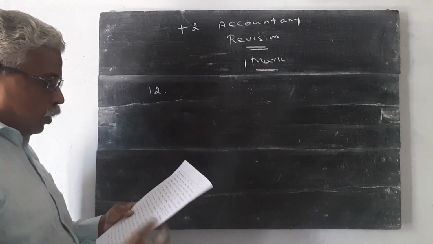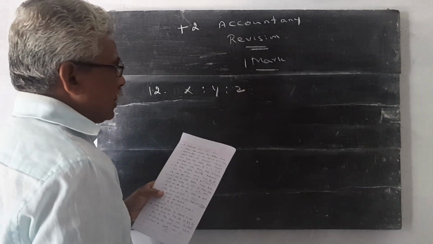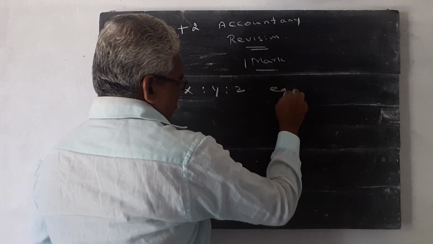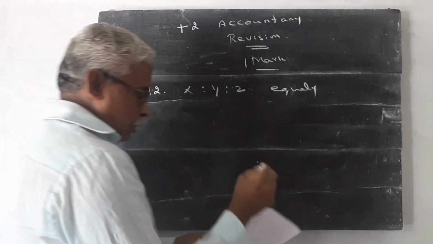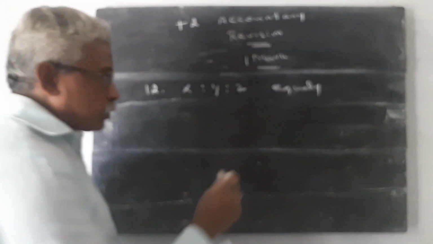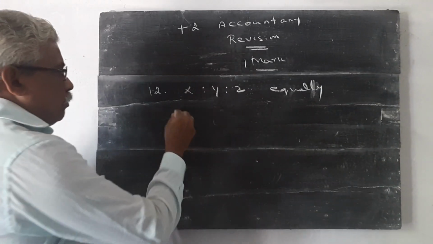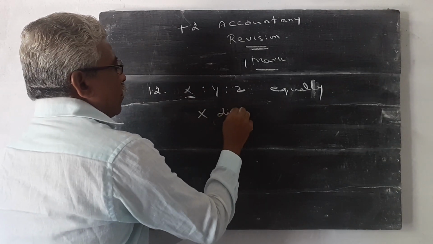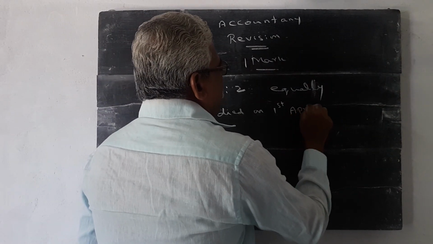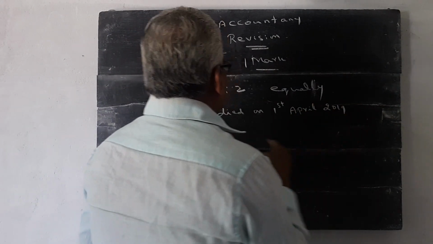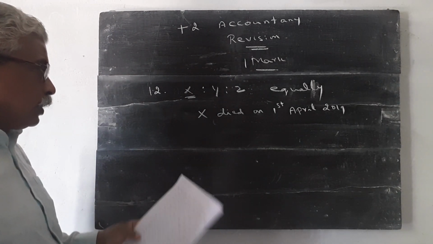Question number 12. X, Y and Z are partners sharing profit and losses equally. There are 3 partners, X, Y, Z, and they share profit and losses equally. Then X died on 1st April 2019.